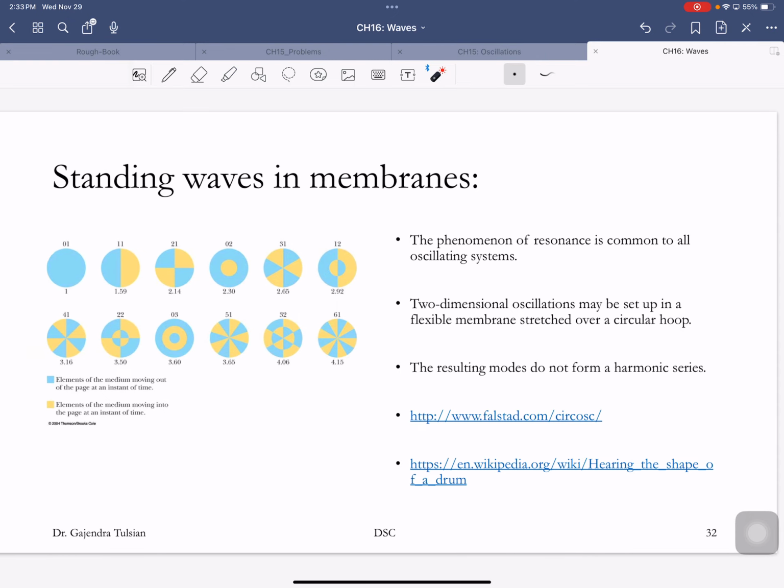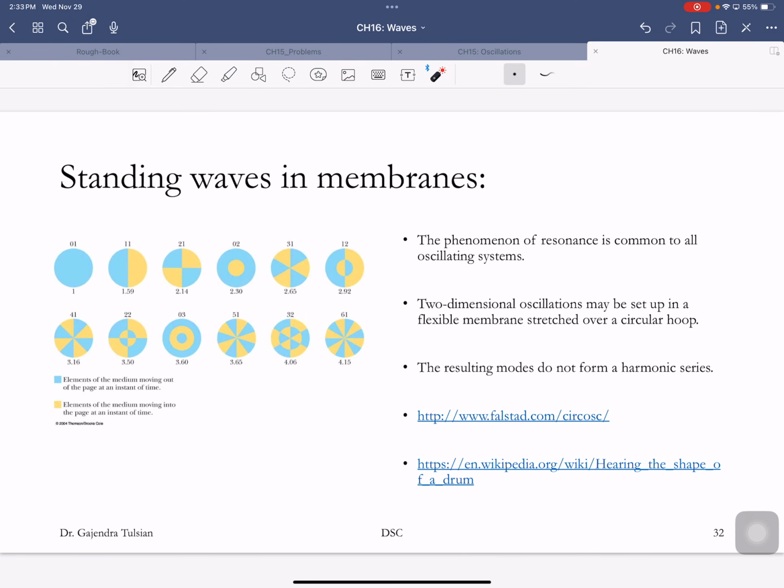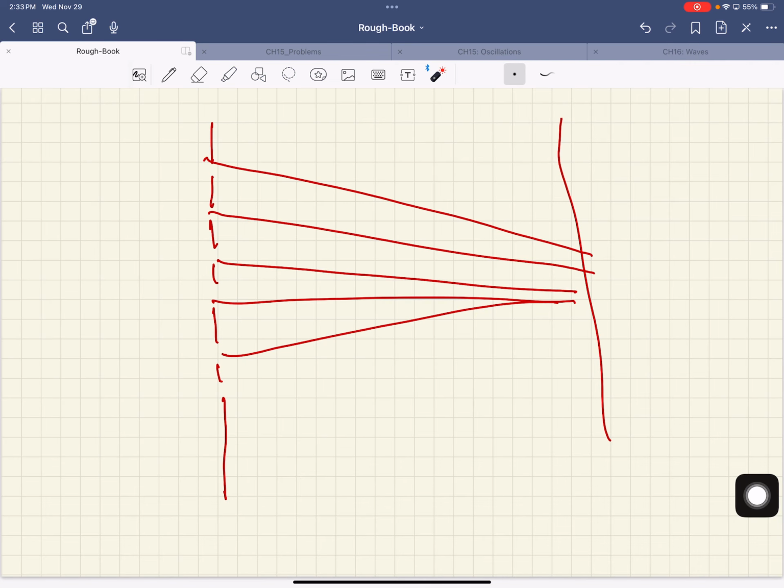Here is an amazing thing. I want you guys to go there and read that Wikipedia page. The question is the following. This was a famous problem.